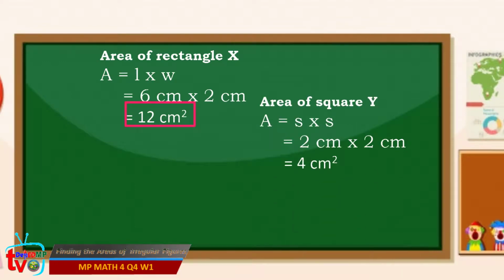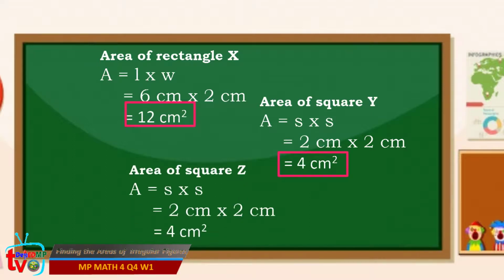Area of square Y is equal to 4 centimeters square. And the area of square Z is equal to 4 centimeters square.